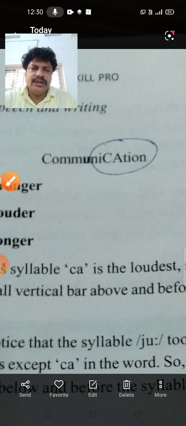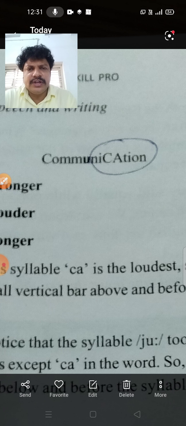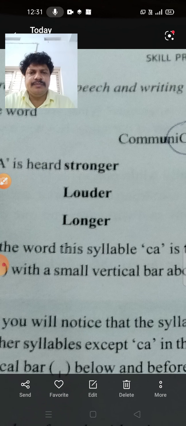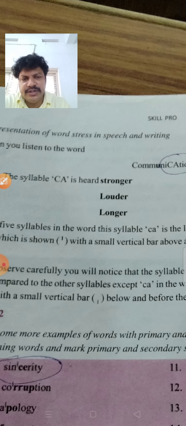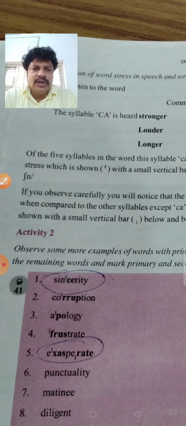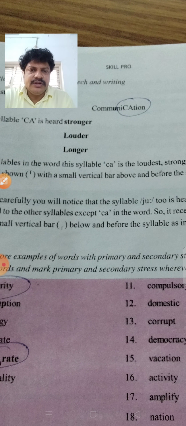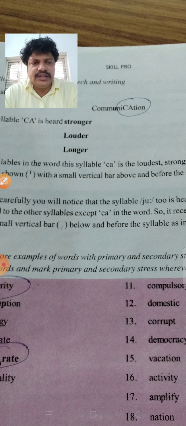English has stress anywhere, which means a word can have stress at the first, middle, or last position. Some are stressed at the start, some at the ending, some in the middle. Here you see the "ca" is stronger, louder, and longer; we pronounce it "cation". This is what we call stress.